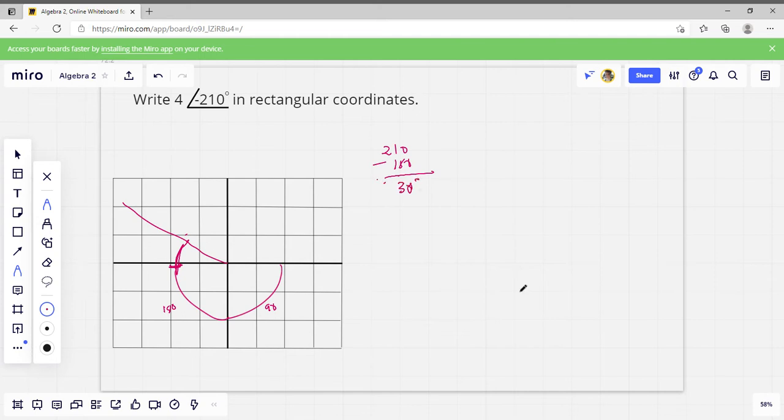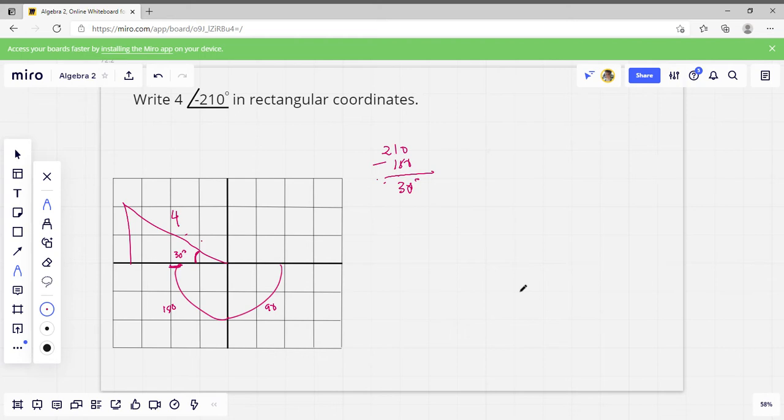So now our angle right here that we're going to try to find is 30 degrees. We just make that into a triangle, and we know that this is 4. So we can use trig functions to figure that out.